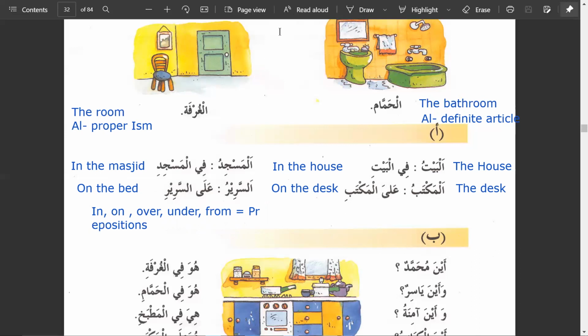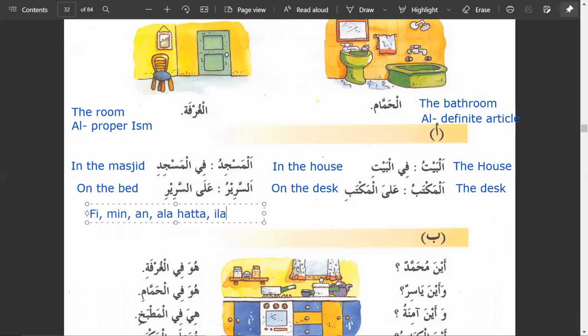So these are min, fi, an, ala, hatta, ila.